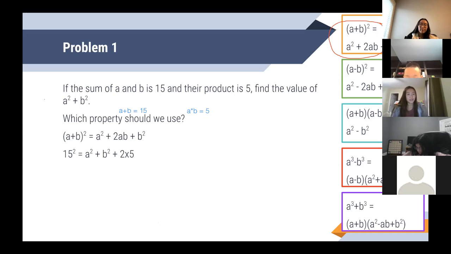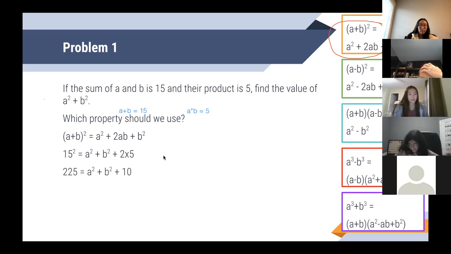This is because we have the 2AB, and A times B, from the question, is 5. So 2 times 5 is 2AB. So now I have 15 times 15 is 225 equals A squared plus B squared plus 10. Yep, now I just subtract 10 from both sides. And I get 215.